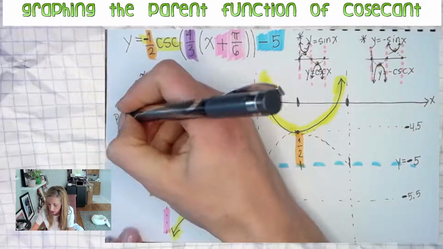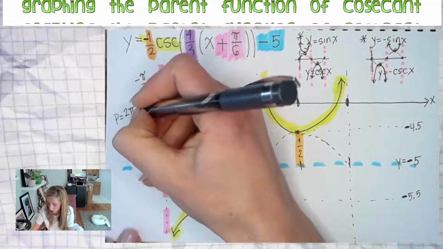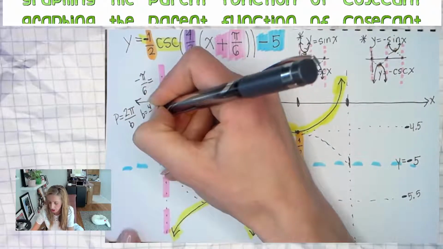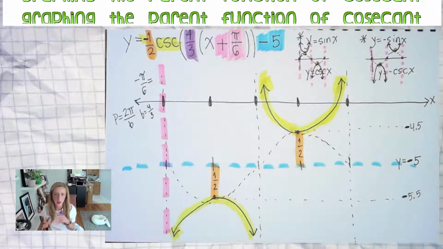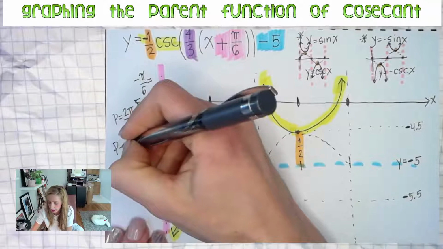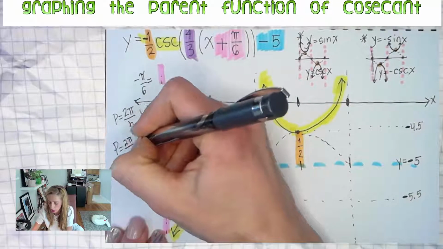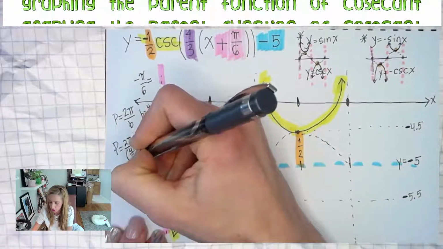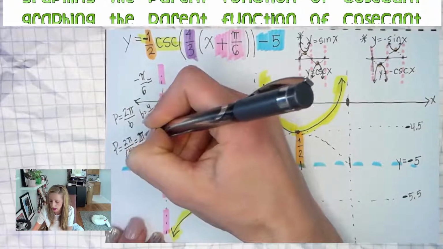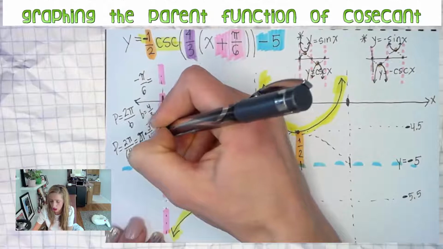Let's see. The period formula is still, it goes with sine, 2 pi over b. b is 4/3. Don't panic. I know people don't like fractions, but it's not a big deal. Period equals 2 pi over, I'm going to put it in parentheses, 4/3 equals, that just becomes 2 pi times 3 over 4.